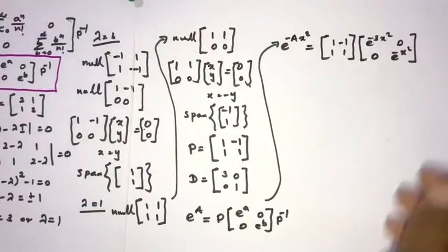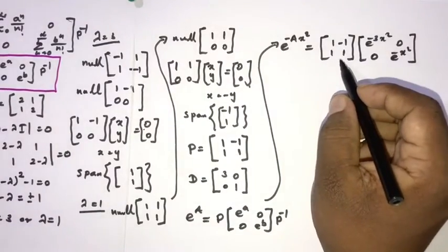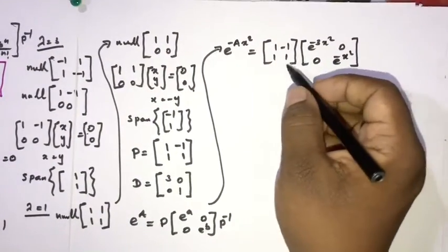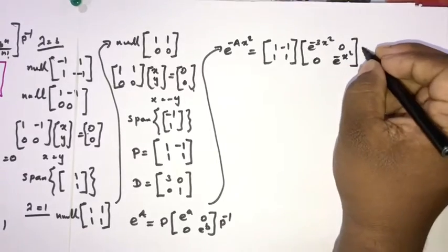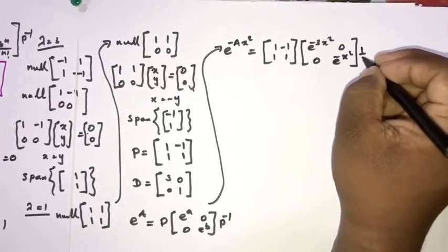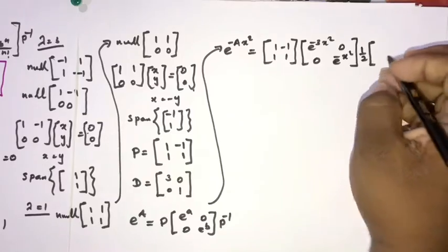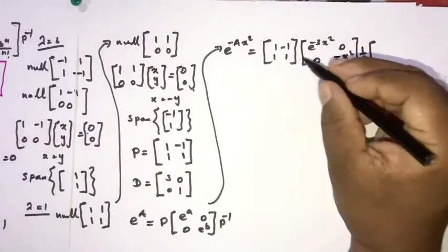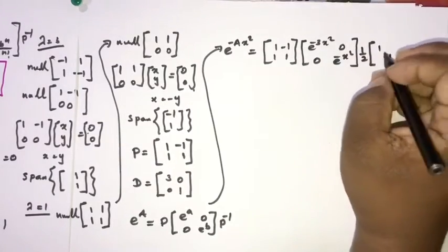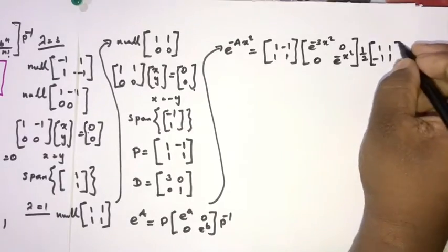The inverse of this matrix, we know, is 1/2 times [[1, 1], [-1, 1]].